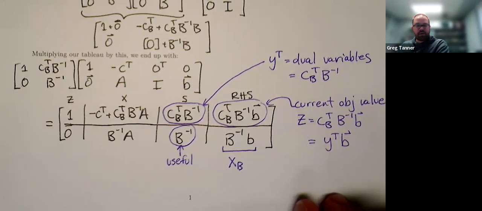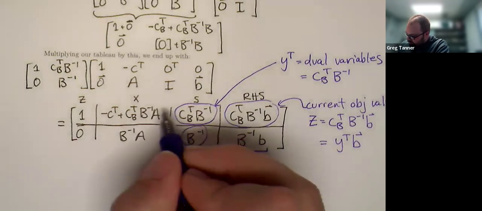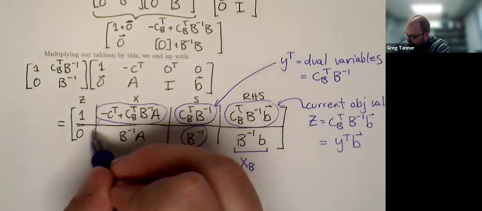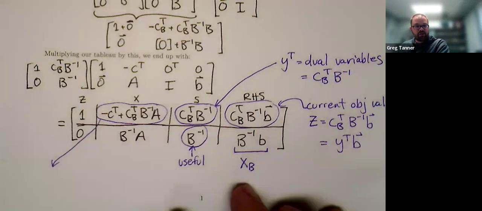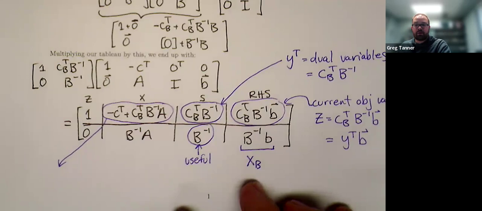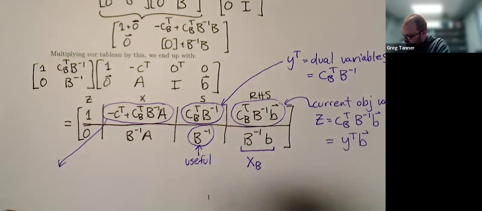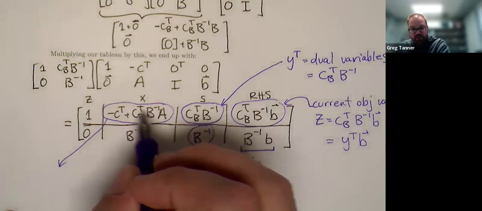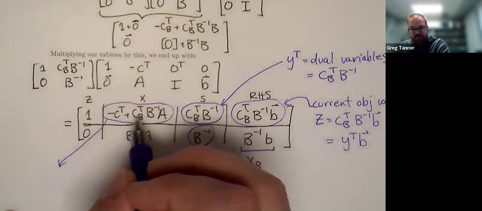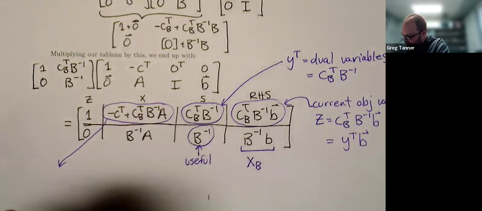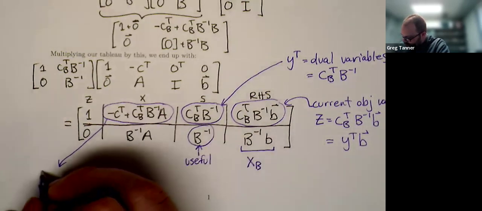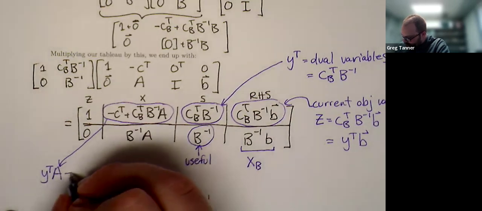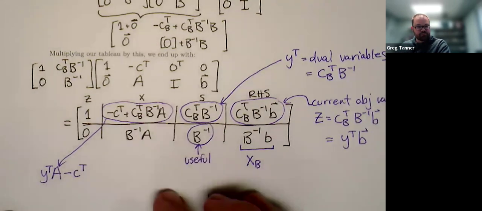Okay. And then maybe the last thing I'll point out here is the objective row value underneath our original variables. Let me relabel this as being Y transpose, because we see another copy of that CB transpose B inverse. And so this is going to be Y transpose A minus C transpose.